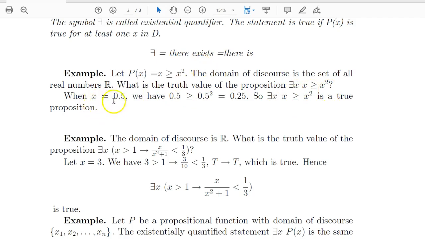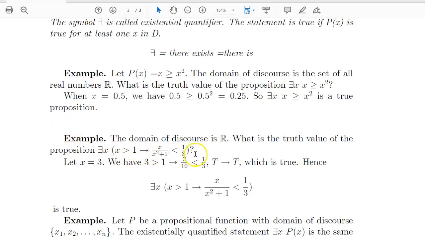If we select x to be 0.5, then 0.5 is greater than 0.5 squared, which is 0.25, which means that there is an x such that x is greater than or equal to x squared. This is a true proposition.